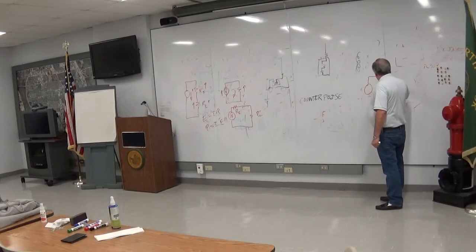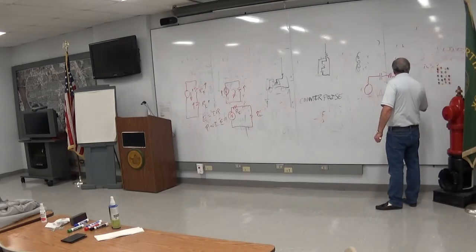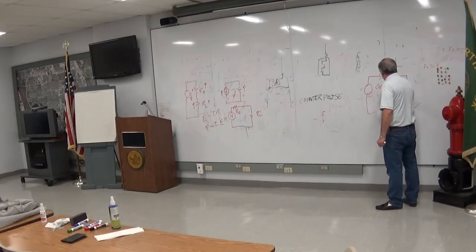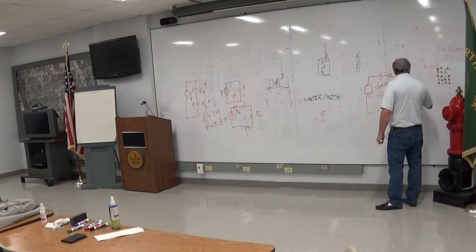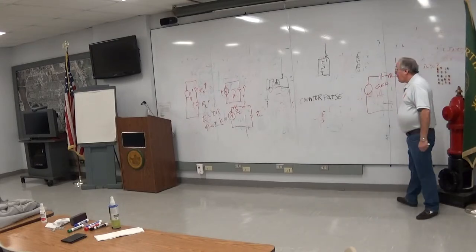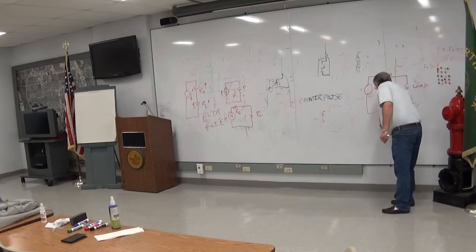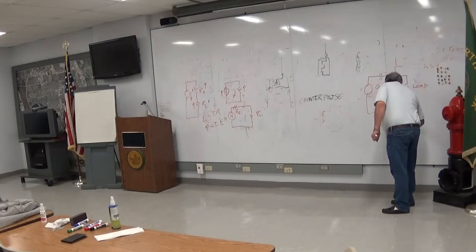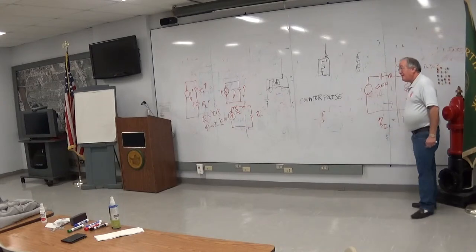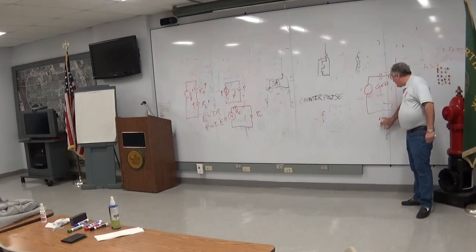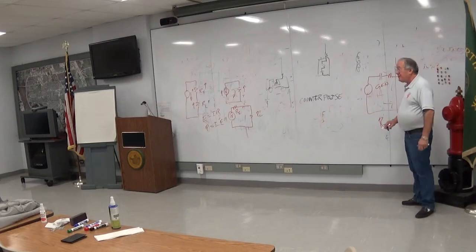If you have some kind of reactance here, and some kind of reactance here, and resistance on both sides, and here's your generator, called a radio transmitter, here's your load, your antenna. To get the maximum power to go from the generator to the load, your generator's internal impedance has to be equal to the load impedance. Your generator's internal resistance has to be equal to your load's resistance.